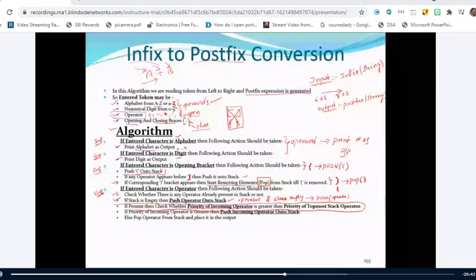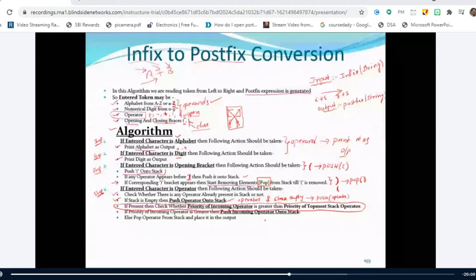But if the stack is not empty, this is very important: you have to compare the priority of the incoming operator, that is, the token you have read, with the priority of the operator that is present on the top of the stack. Right? Is it clear up to this point?